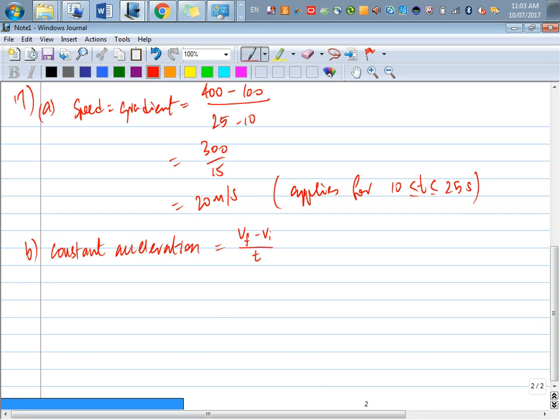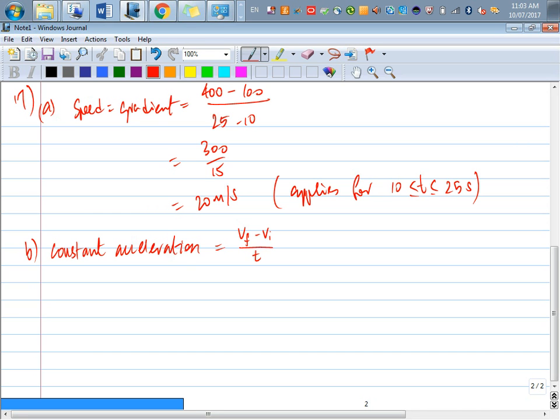Look at part A. What did they ask for? Part A, they're asking you for the speed when time equals 15 seconds, right? Then you notice that from time equals 10 to time equals 25, is there a constant gradient? So is there a constant speed? What is the speed? The speed is 20.